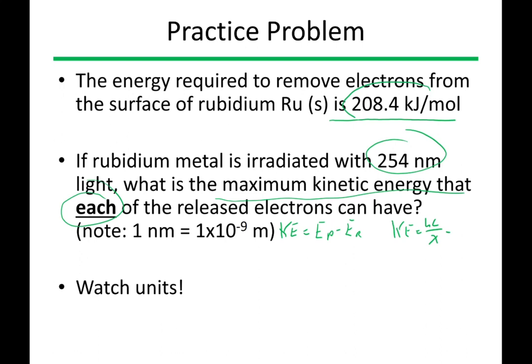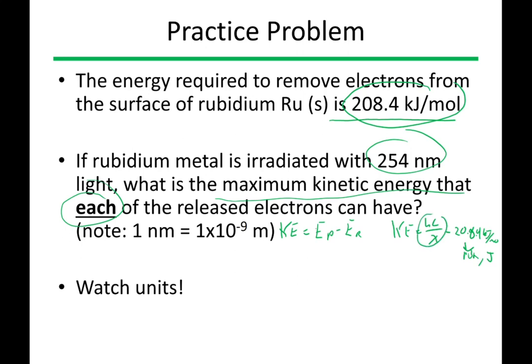So we can rewrite this, so we know that the KE is going to be equal to hc over lambda. And notice this is in kilojoules per mole, so if we just wanted individual joules, we're going to have to divide this. So this is going to be 208.4 kilojoules per mole. And we have to convert this to individual photons and individual joules.